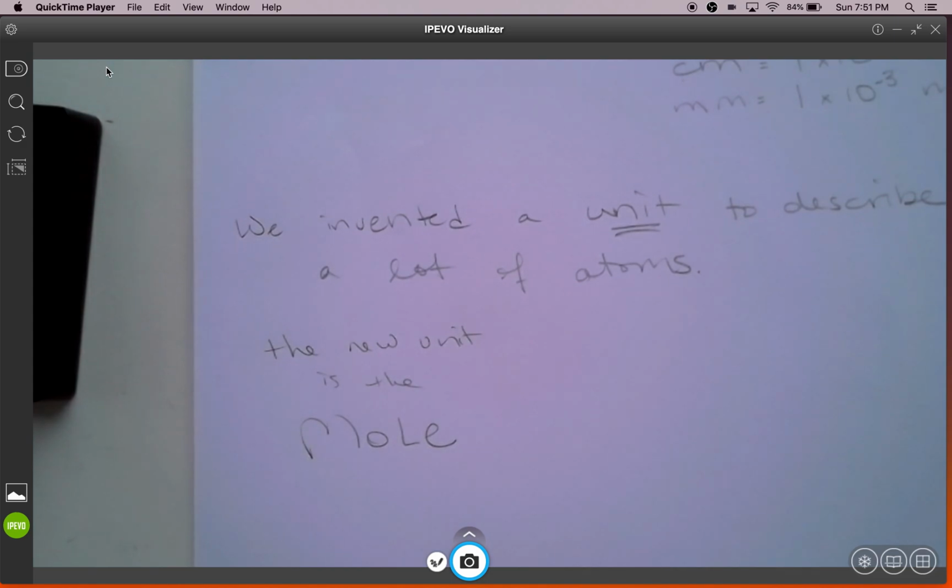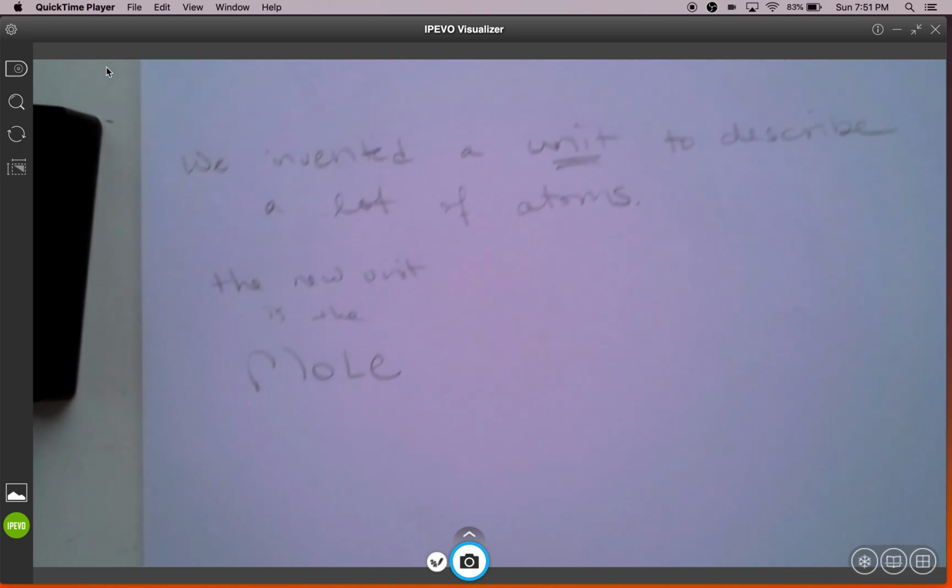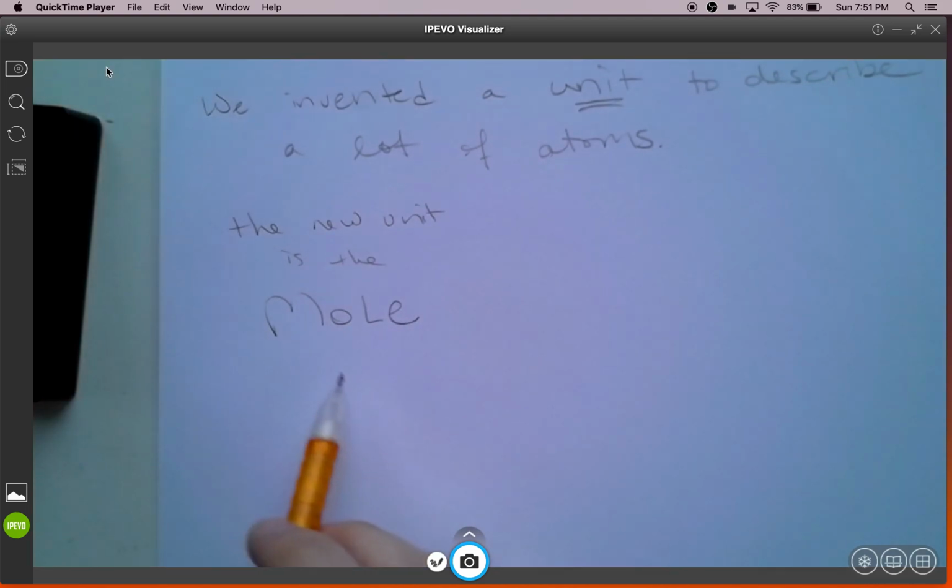And to link this to something that you might already know, there's another unit that we use to count things. Another unit kind of like this is the dozen. So if we want to know how much or how many, but we don't want to be counting the individuals because that's too laborious, we could say a dozen.